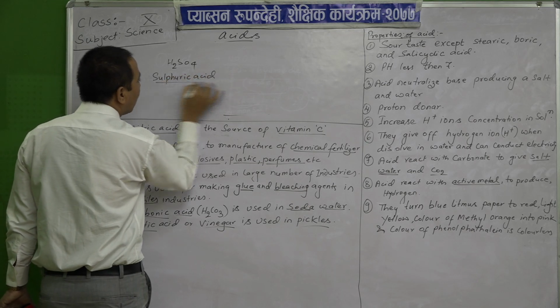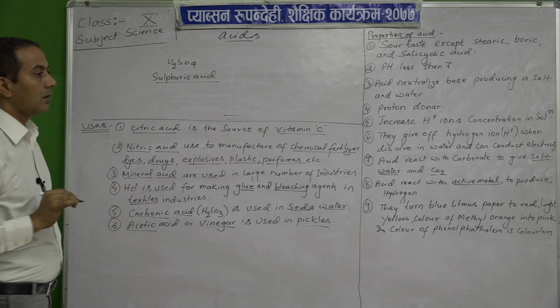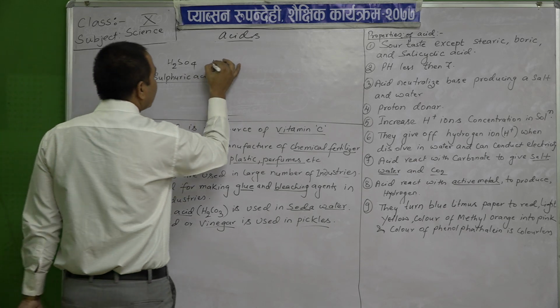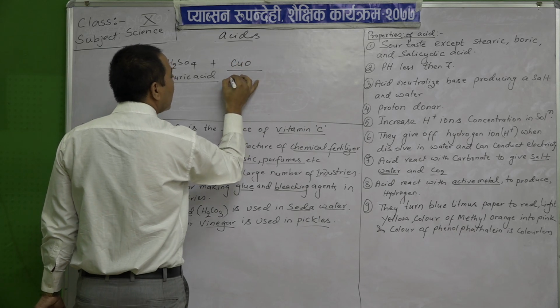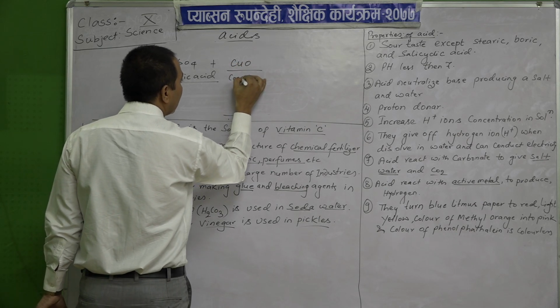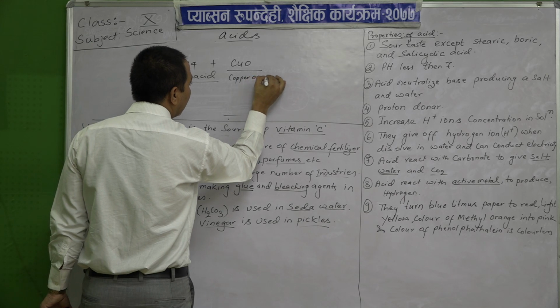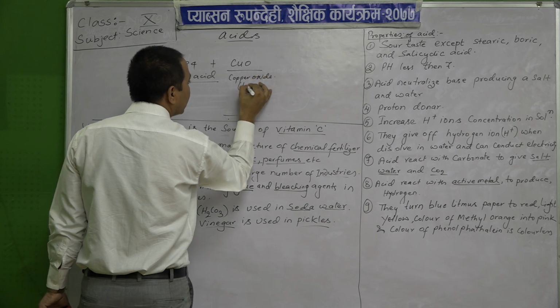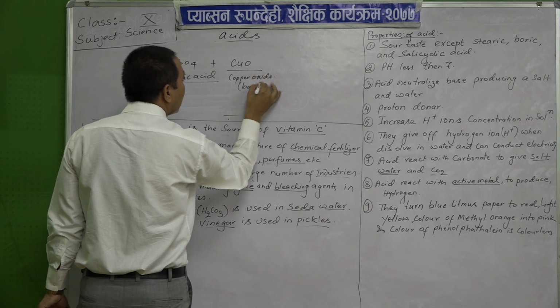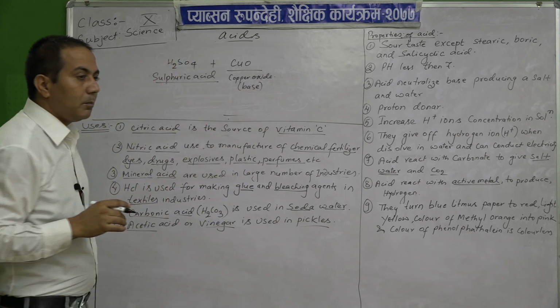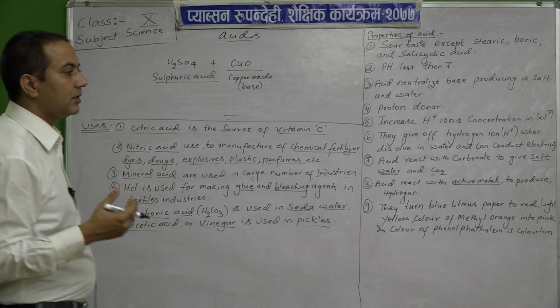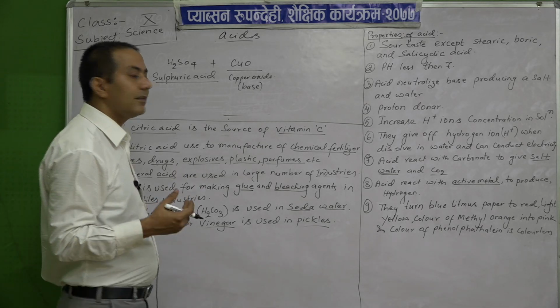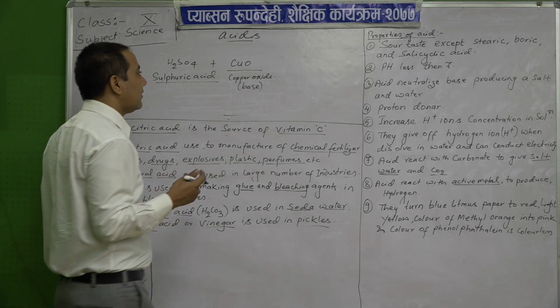So sulfuric acid, when it reacts with copper oxide, what is that? A base. Metal oxides and hydroxides are the bases. We will study later on.